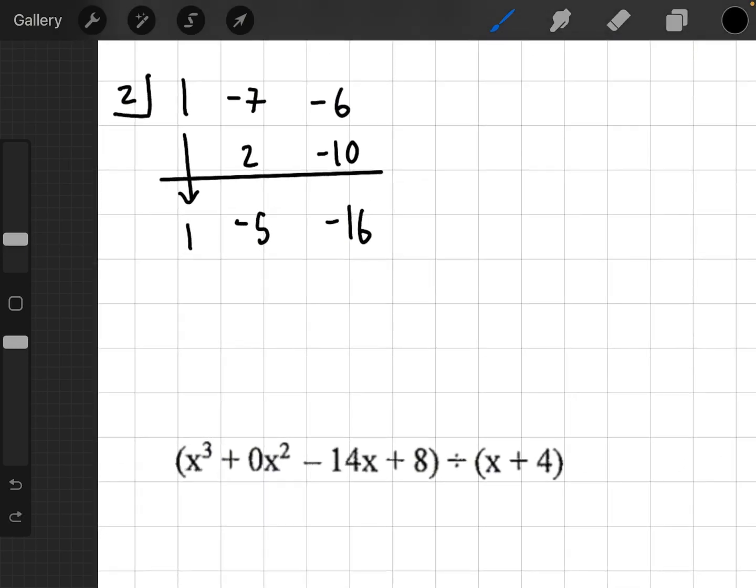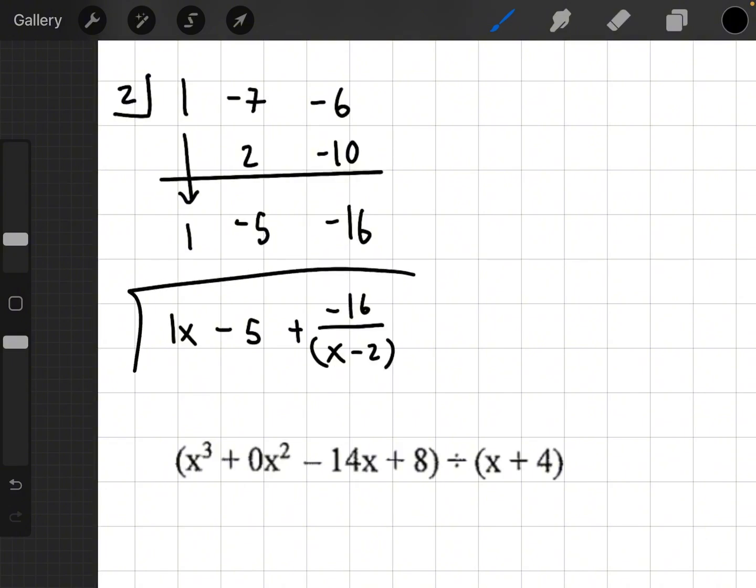Let's write it down here. We have 1x minus 5 plus negative 16 over x minus 2. And of course you can always write 1x as just x.